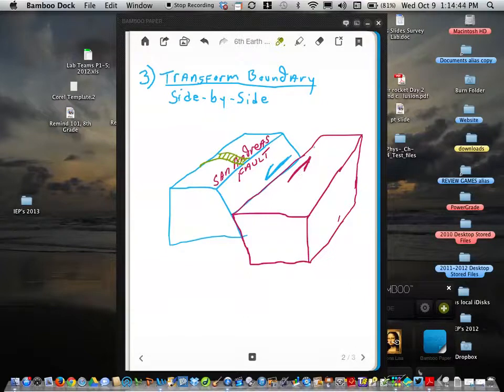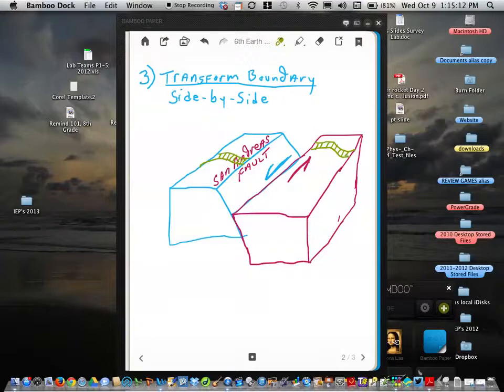Since this plate here is moved this way, that railroad track would come out over here, far away, and it would offset the railroad track so that the railroad track would no longer be together. And this actually happens with creeks and rivers, fences and roads, where the fault actually offsets.